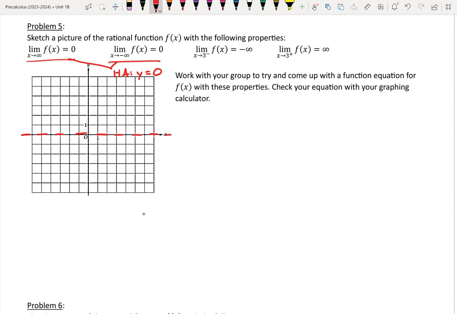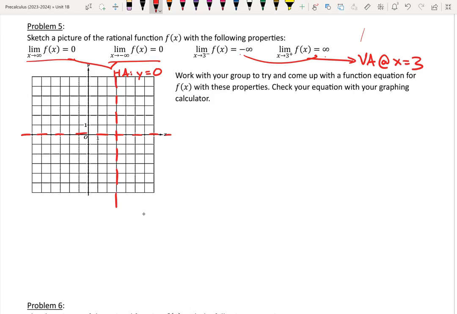And then I have limit as x approaches 3 from the left, 3 from the right, and we're going to infinity. So these two tell me I have a vertical asymptote at x equals 3. Now that is the only information that I am given.